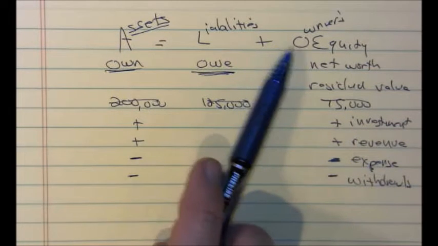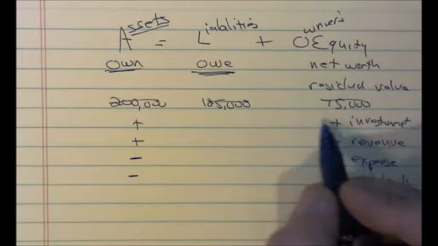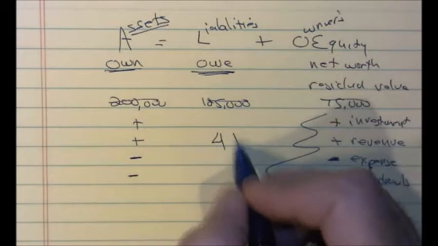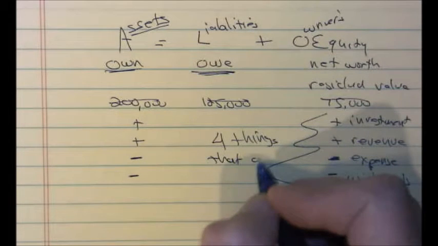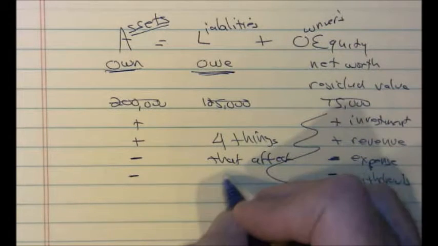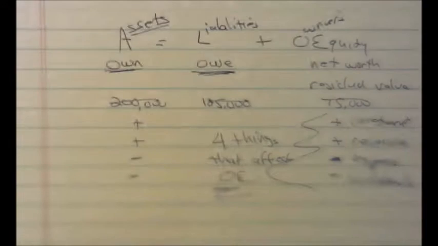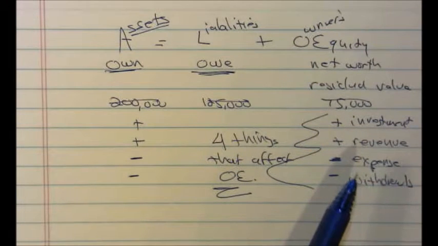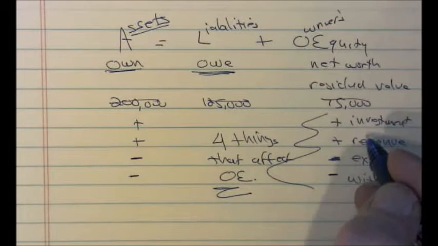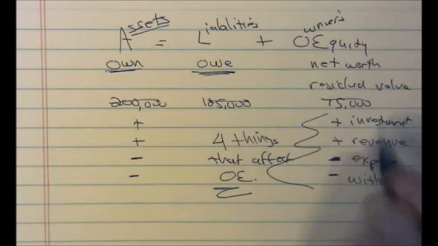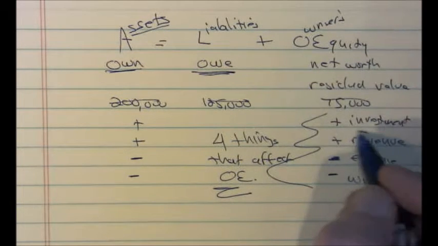So what we can take away so far, we have our equation, assets equal liabilities plus owner's equity, and we know that the value of my business is affected by what? 4 things, right? 4 things that affect owner's equity: revenue, expenses, investment, and withdrawals. It's also important to notice, too, right? We know those 4 things affect the value of my business, and this is going to be important later on.